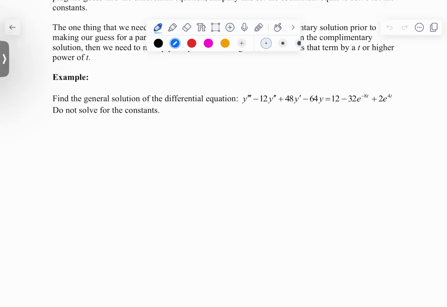So we solve the associated. Just to refresh on how we approach these.